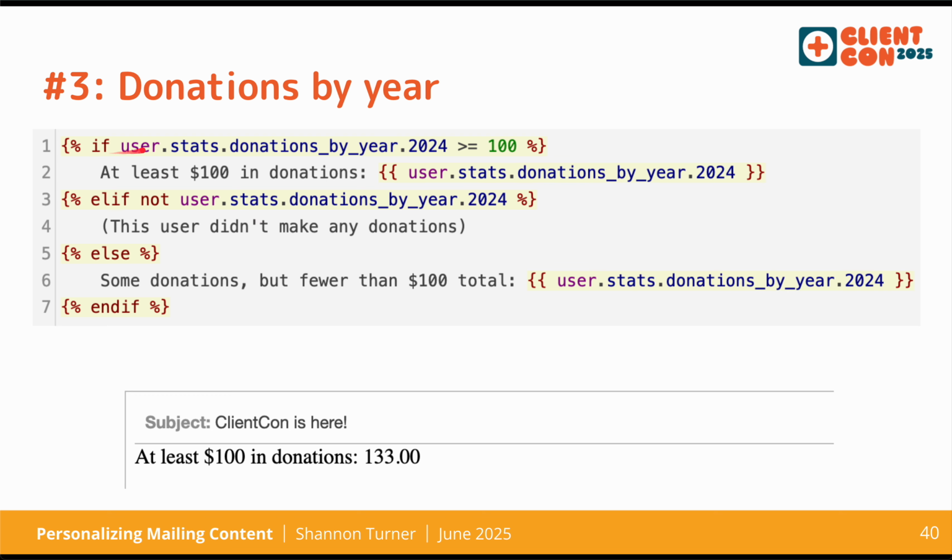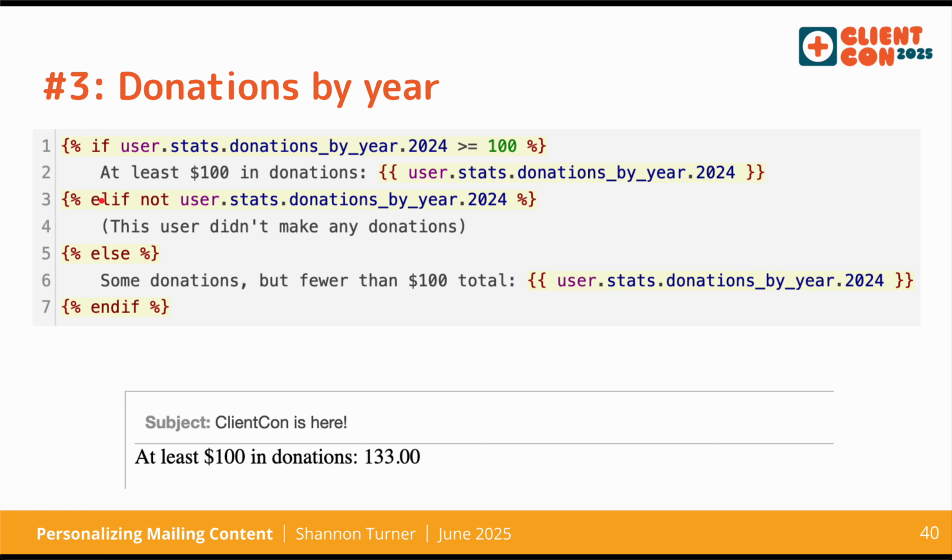So here I have if user.stats.donationsbyyear.2024 is greater than or equal to 100, then I know that this user made at least $100 in donations in that year. And so here I'm going to show how many.